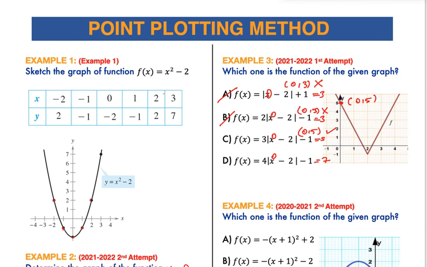So our point in option D is (0, 7), which is totally different. We are supposed to get (0, 5), so that's not our answer either. Apparently, our answer is C. So we tried 1 point from the graph, using the same point in each option one by one, and we got the correct option.